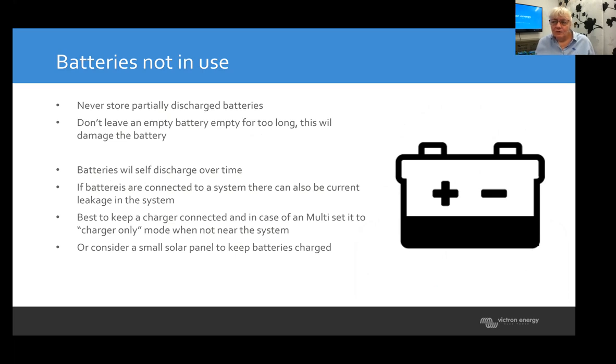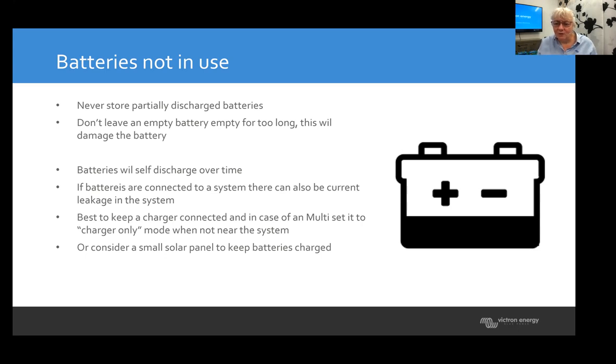Batteries not in use. So if you have a camper van or motorhome, you have a battery in there that's not entirely full, you don't use the motorhome for a few weeks, you actually damage the battery. What will happen is the lead sulfate crystals inside the battery will become really hard, and that's what's called sulfation.